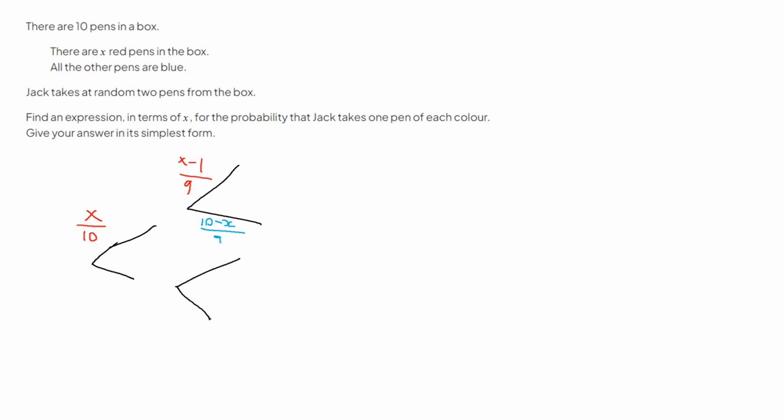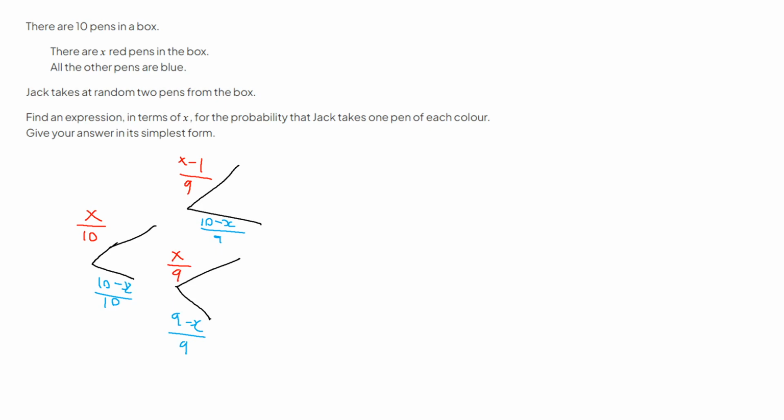If this is X, then this has to be 10 minus X over 10. And if we take out a red pen, a blue pen, then it means that the amount of blue pens in the box is going to be 9 minus X over 9. And the number of reds stays the same.